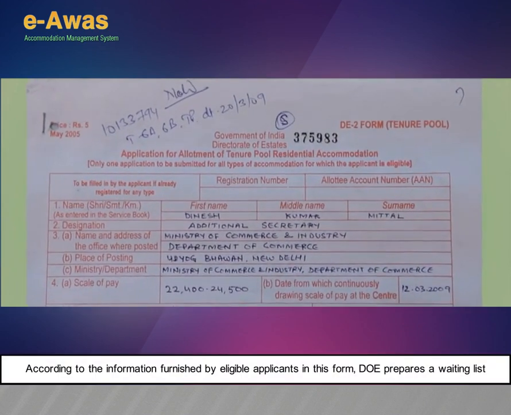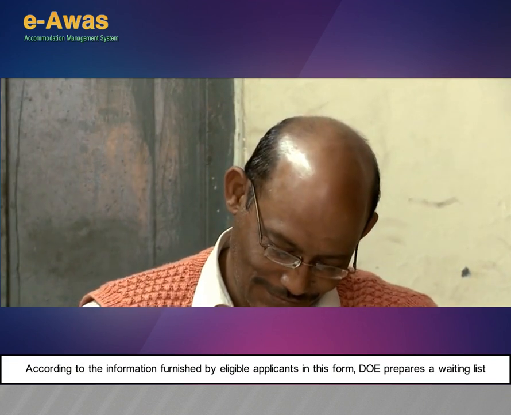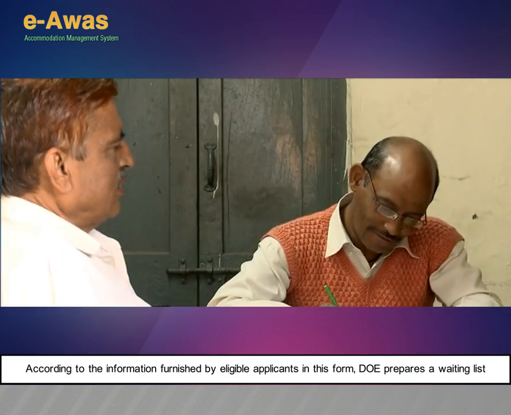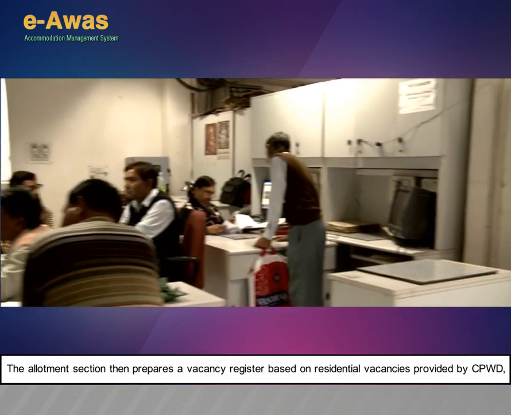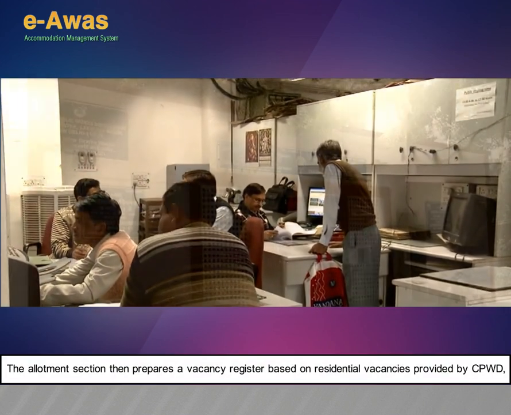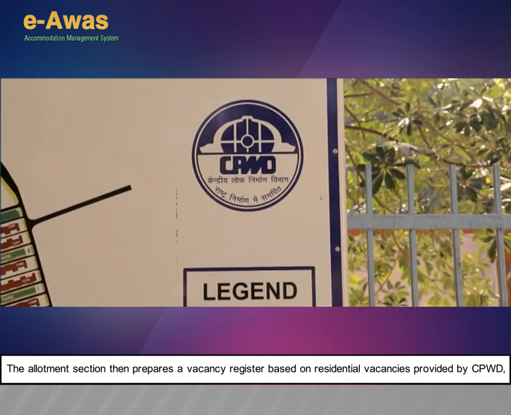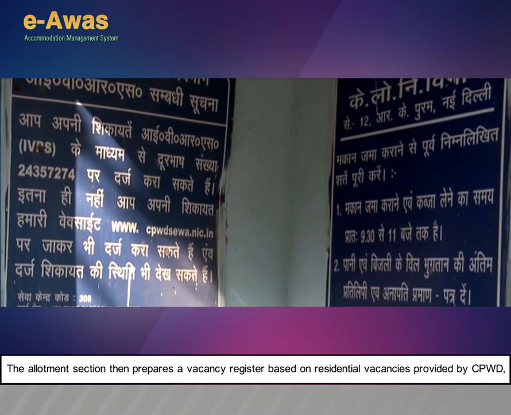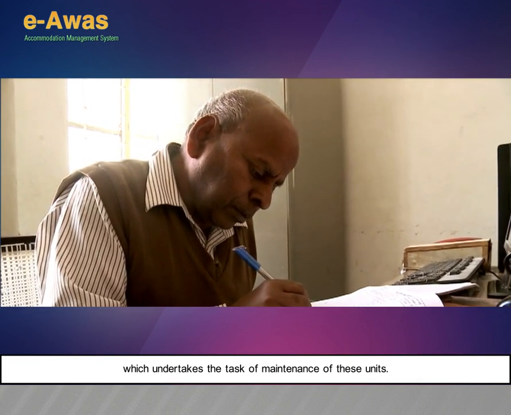According to the information furnished by eligible applicants in this form, DOE prepares a waiting list and forwards it to the concerned allotment section. The allotment section then prepares a vacancy register based on residential vacancies provided by CPWD, which undertakes the task of maintenance of these units.